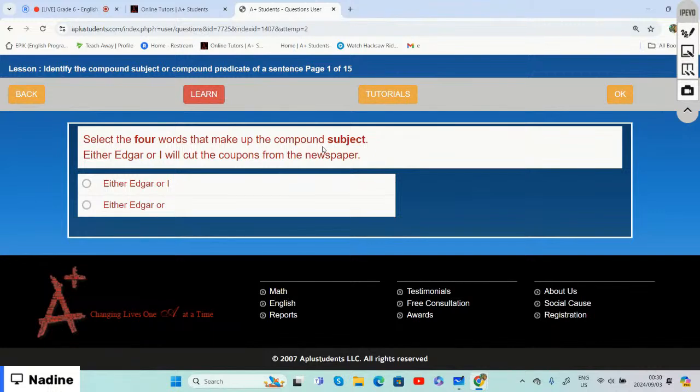Do we say it's option one, either Edgar or I, or option two? Now we need to select four words that make up a complete subject.